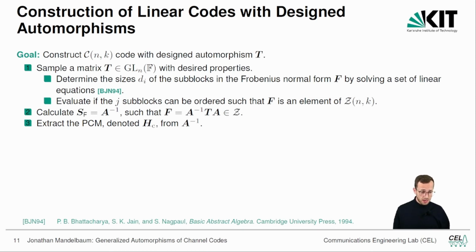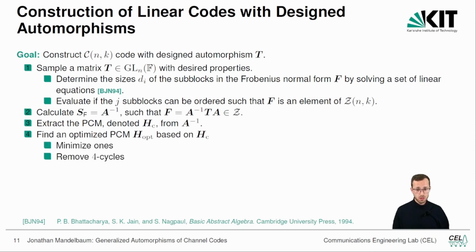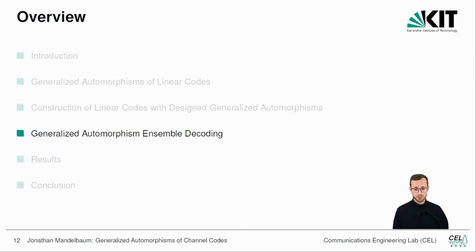We have to highlight that at the moment we still have to perform a heuristic optimization of the parity check matrix, because in this design process desired properties for the parity check matrix are not yet considered. Therefore we try to find such an optimized parity check matrix by minimizing the number of 1 entries or removing 4 cycles such that BP performance is improved.